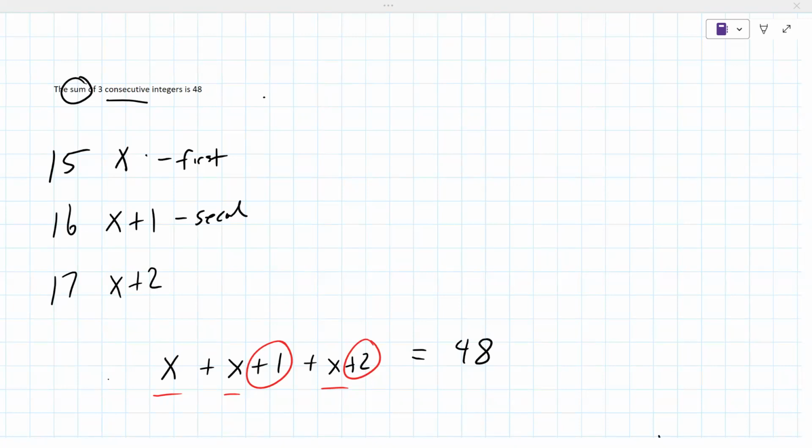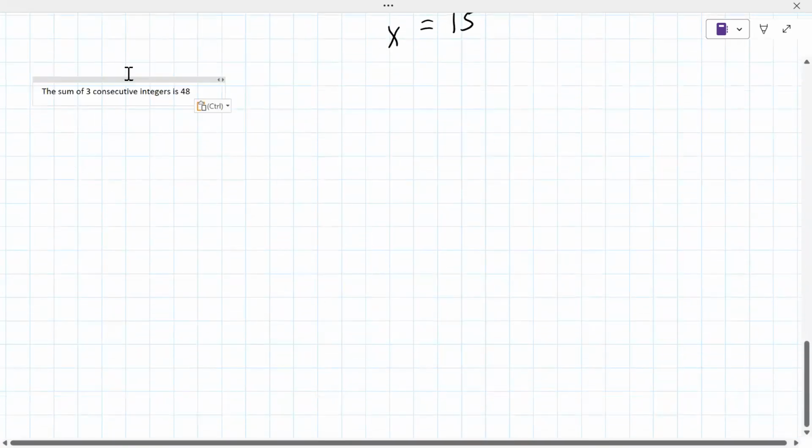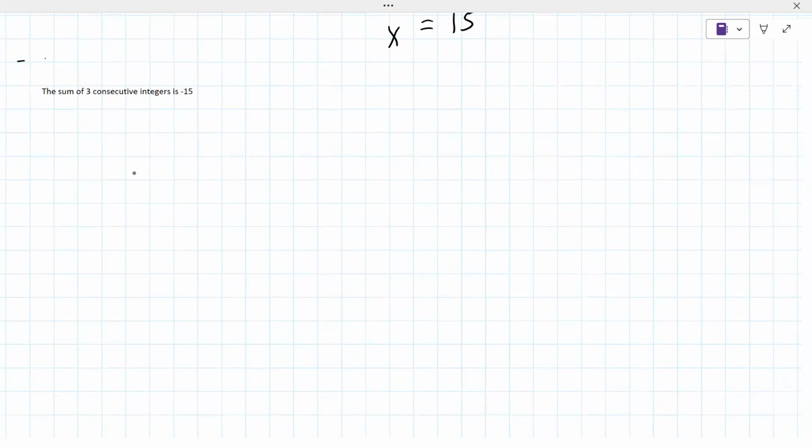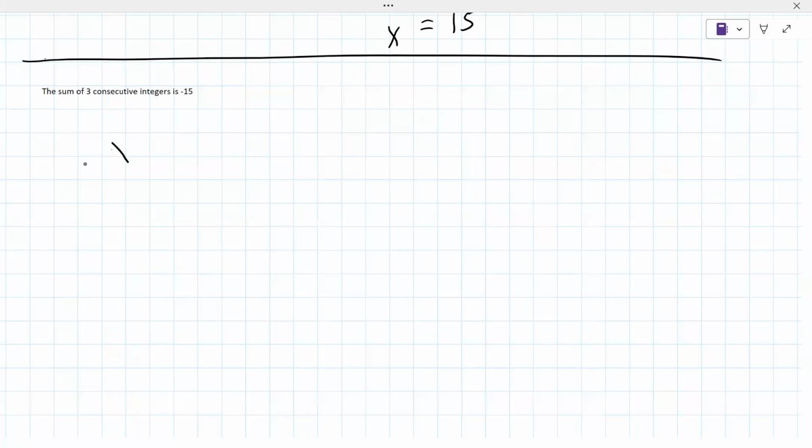You ready to do another one? Yeah. Okay. This makes one slightly more difficult. All right. This time the sum of three consecutive integers is minus 15. What are you going to call the first integer? X is first. Okay.